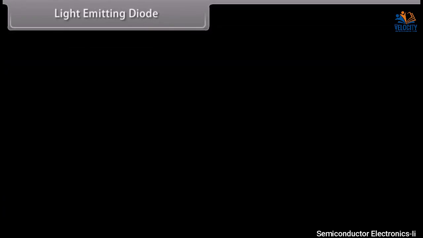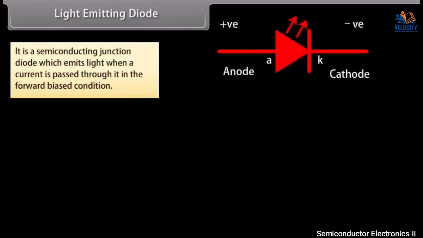Light-emitting diode. It is a semiconducting junction diode which emits light when a current is passed through it in the forward-biased condition. It is a p-n junction made of gallium arsenide, GaAs, or some other suitable semiconducting material.